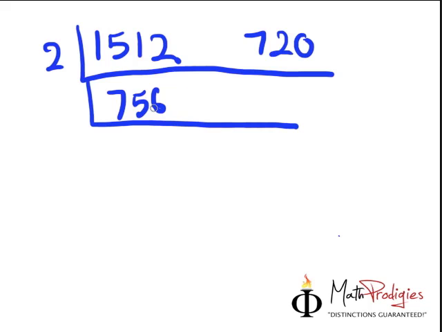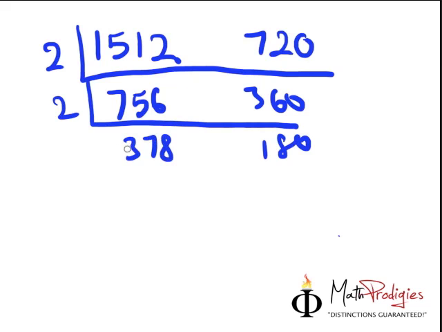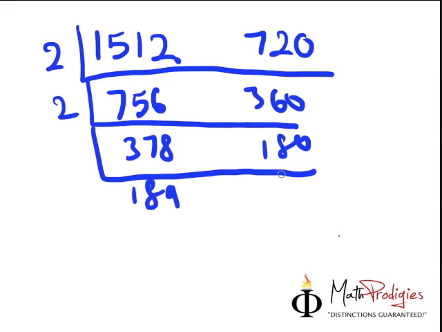And 360 over here. Can we divide it by 2 again? I think yes we can. Divide by 2, you have 378 and 180. Can we still divide by 2? I think we can. Yes we can. 189 and 90.